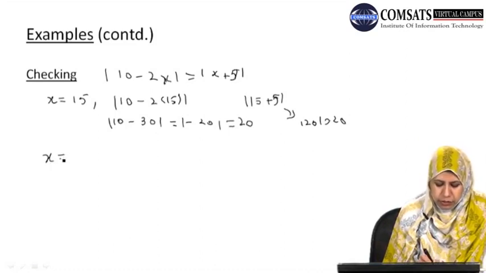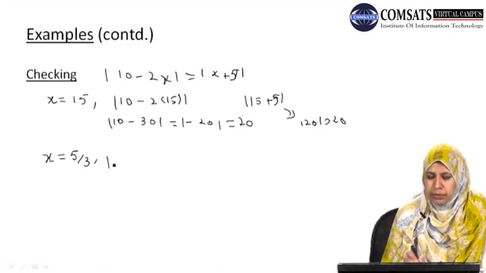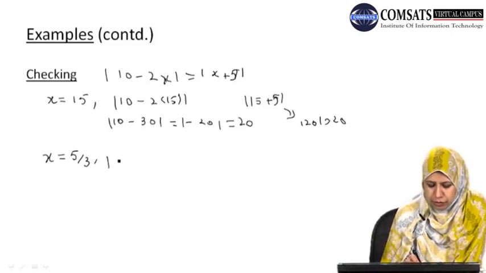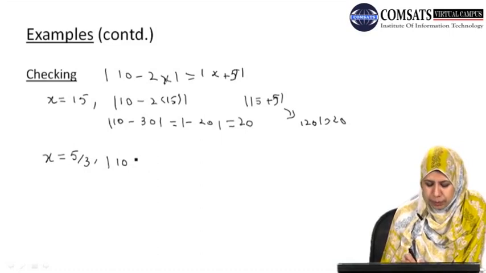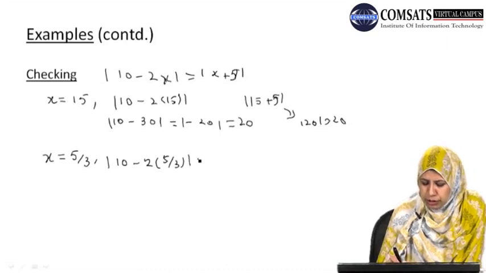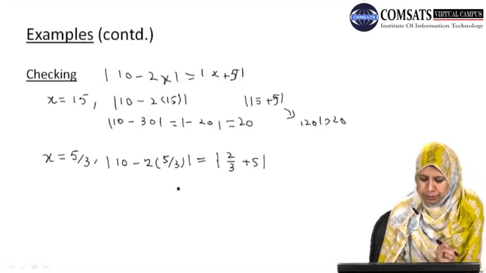When x is equal to 5 by 3, doing the same thing as with x equal to 15, that is putting the value in our equality, we obtain 10 minus 2 into 5 by 3 absolute, and the right hand side should be equal to absolute of 5 by 3 plus 5.